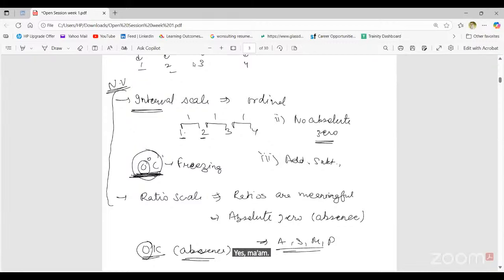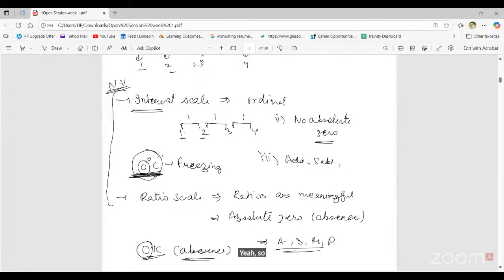In interval the difference is the same, like 1 to 2 or 2 to 3, but in ratio it can be 2, 4, 6, 8, something like that. It can be, yeah. You can have 2, 4, 6, 8. Yes, ma'am. Let's go ahead.